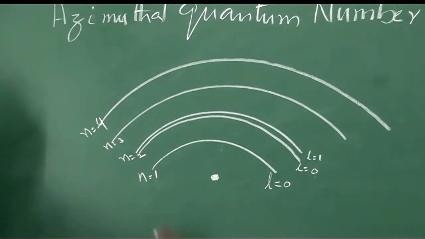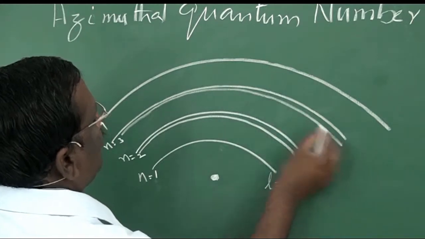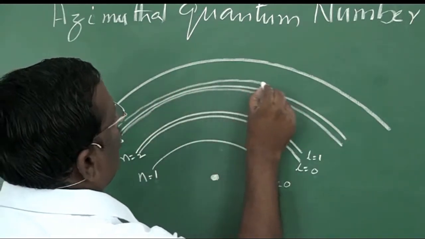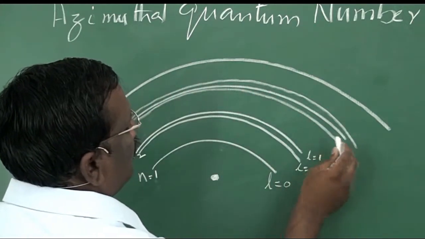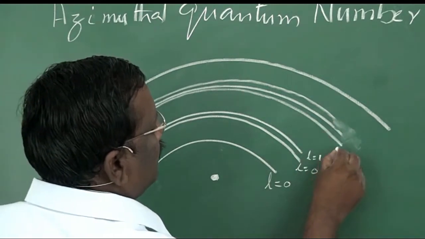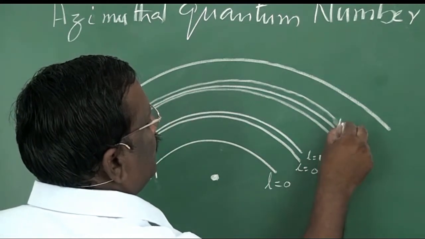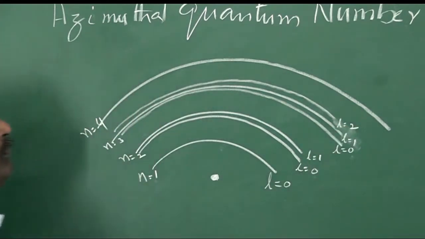In the third energy level, you have three sub-energy levels: l is equal to 0, l is equal to 1, l is equal to 2.